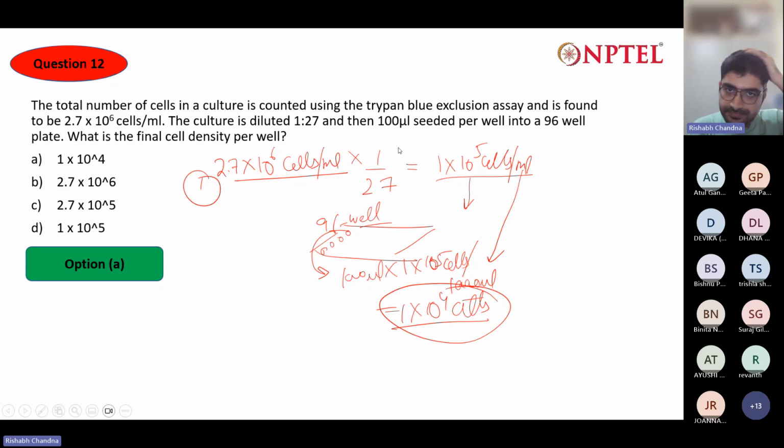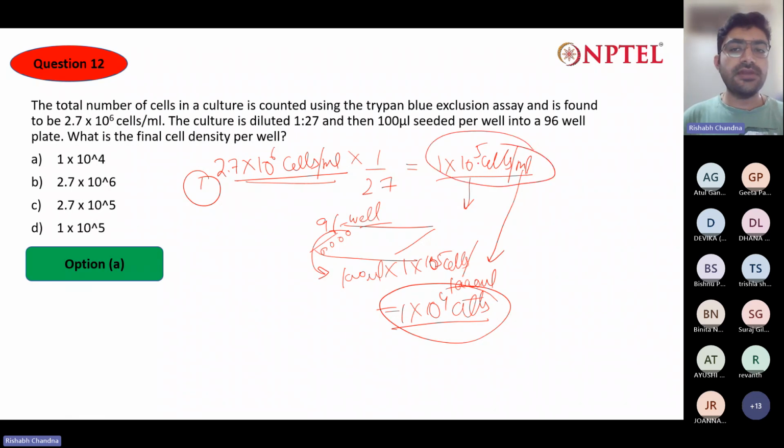Now when you diluted the suspension 27 times, the number of cells the suspension now has is the number of cells found before, divided by the dilution factor. So the cell number is 1 x 10^5 cells per ml after dilution.